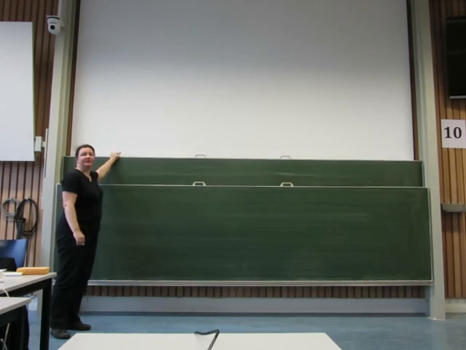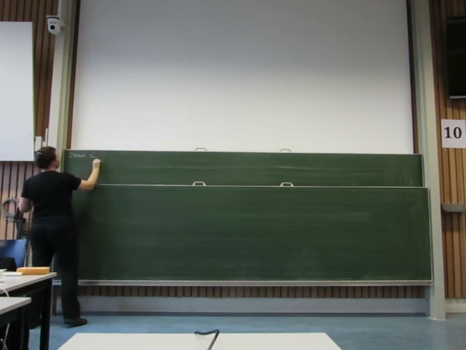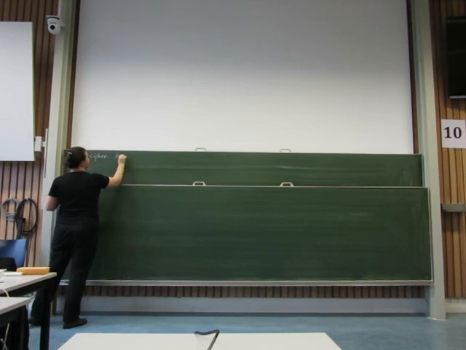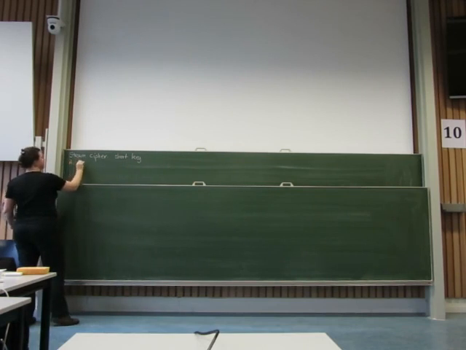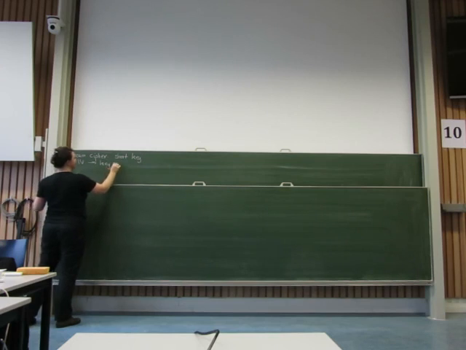So, we've been doing a bunch of stream ciphers. We have a short key, and we have some initialization vector, and then we're getting a key stream.